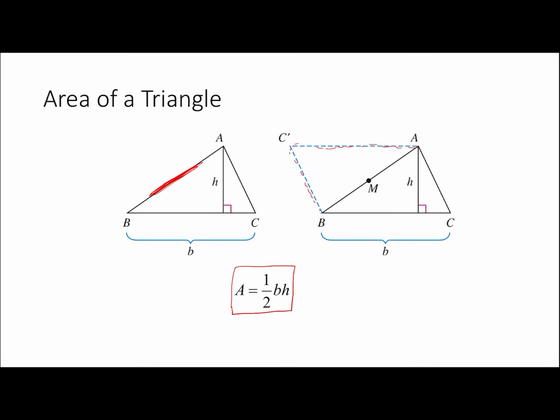And it would be a parallelogram. Well, if a parallelogram is base times height, the triangle then is half of that, right? And so it's 1/2 times base times height. And so that's something we'll be able to calculate pretty easily on most triangles, and we'll see some examples of that in just a minute.